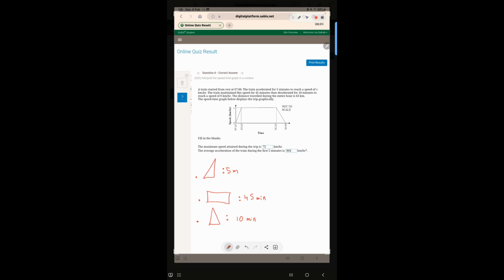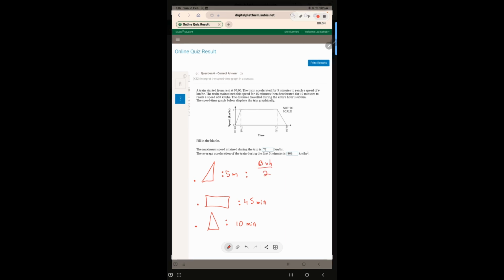So what you do is you find the area for each one of these. The area for a triangle is base times height over 2. The base here would be 5 minutes times the height, which is v. So 5v over 2.